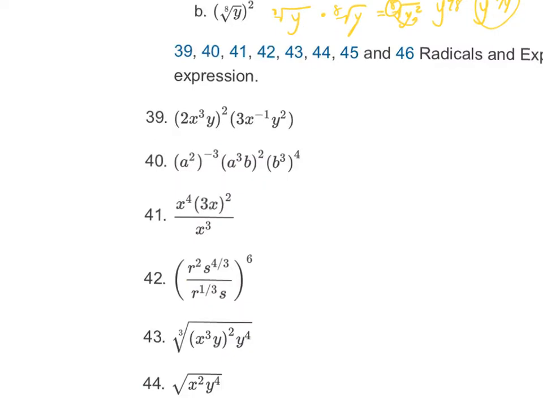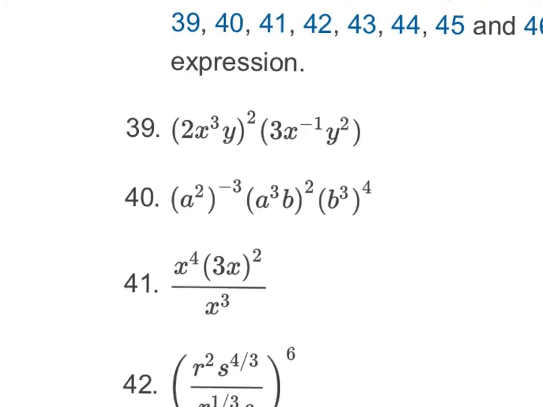All right, in 39, we have to use all of our properties of exponents. So the first thing I'm going to do is say, okay, this squared outside of my parentheses goes to everything inside. So this becomes 2 squared, which is 4. X to the 3rd squared would be x to the 6th. We multiply our powers, y squared.